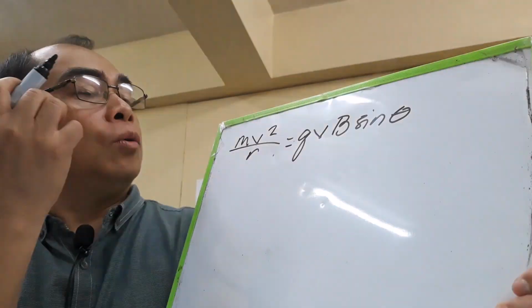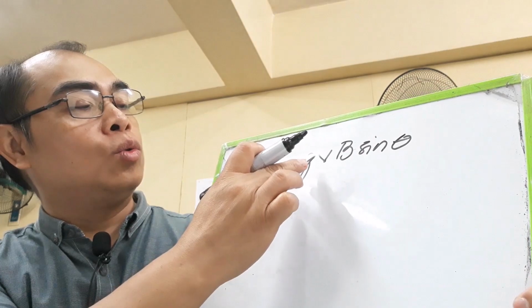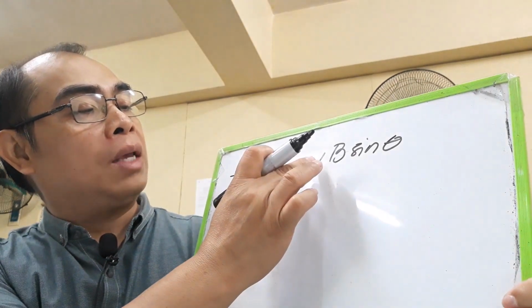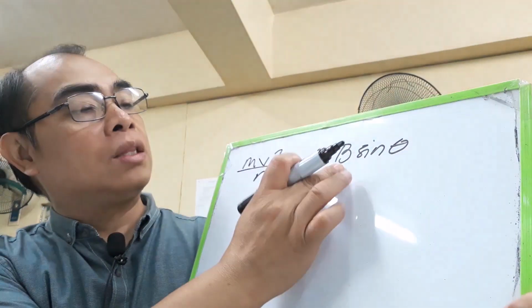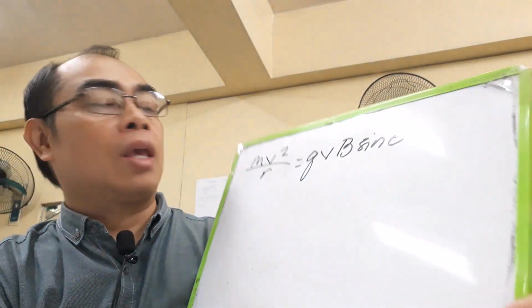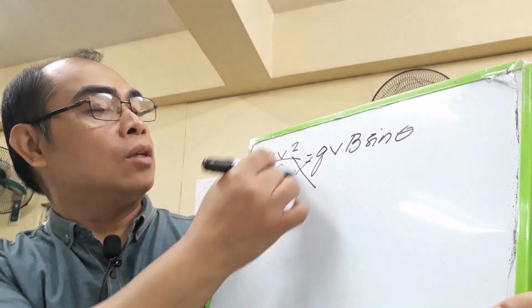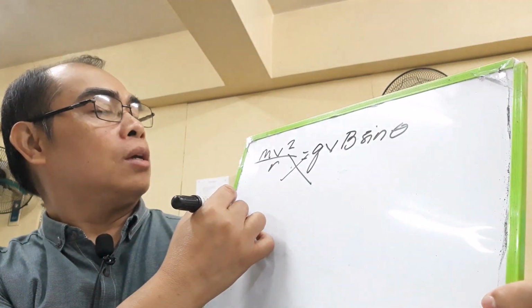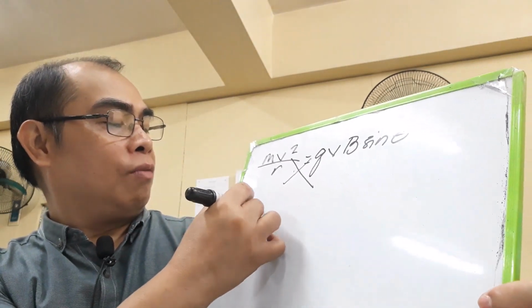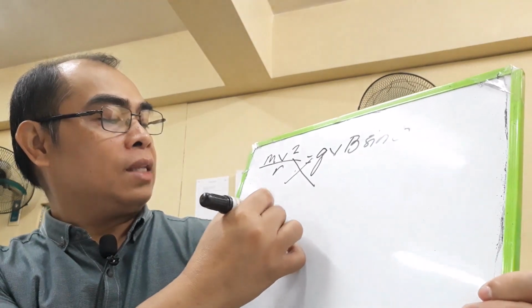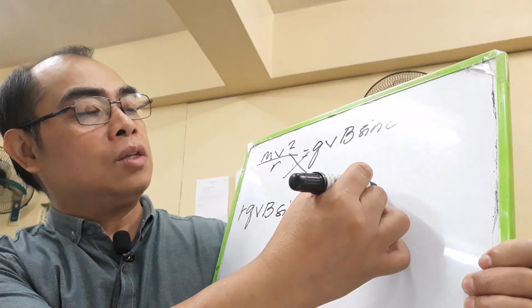So, mass, velocity squared over radius is equal to the electric charge multiplied by the velocity multiplied by the magnetic field sine theta. Cross multiply natin. So we have r q v b sine theta is equal to mv squared.